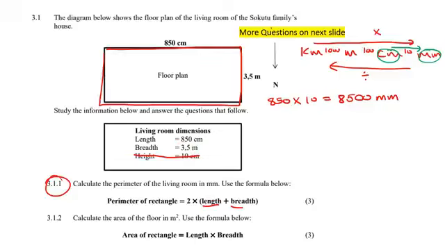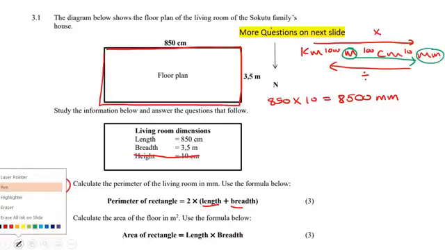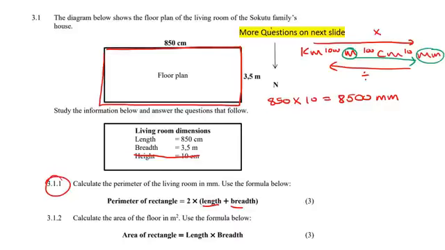Okay, then we're going to convert this one. So now this one is in meters, and we want to get it to millimeters. So we're also going to multiply. So we're going to say 3.5 multiplied by all the numbers that you pass. There's 100, and then there's a 10. And so that's going to give us 3,500 millimeters. Okay, now we can use their formula.